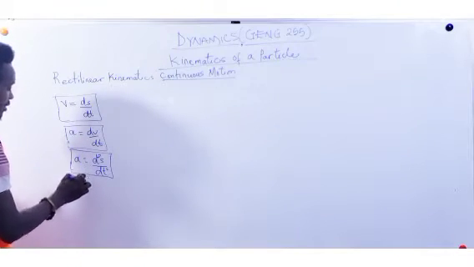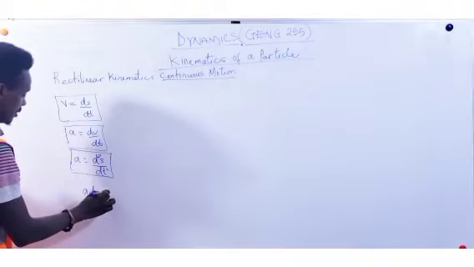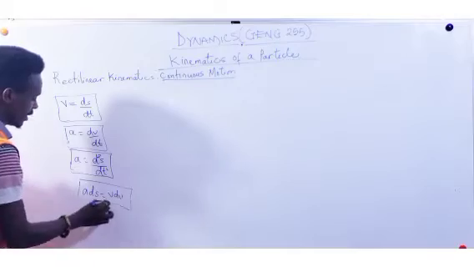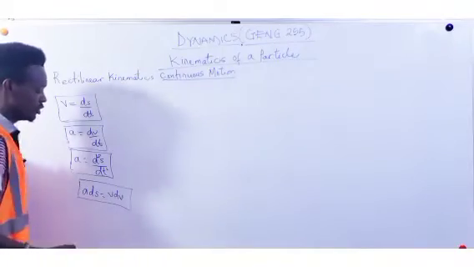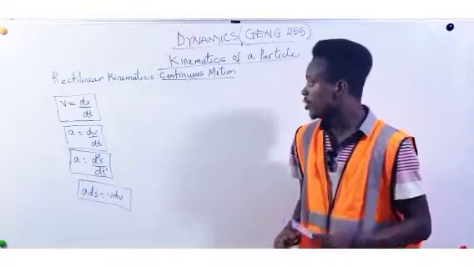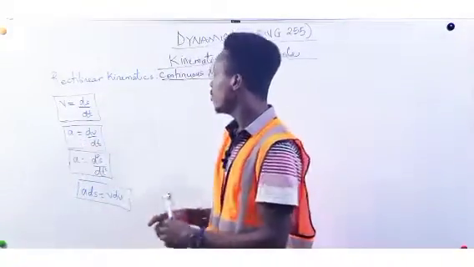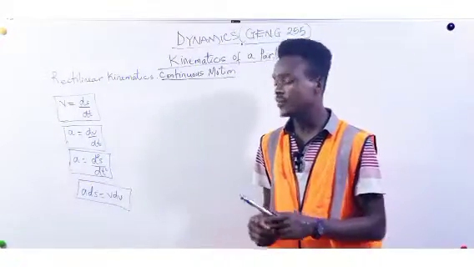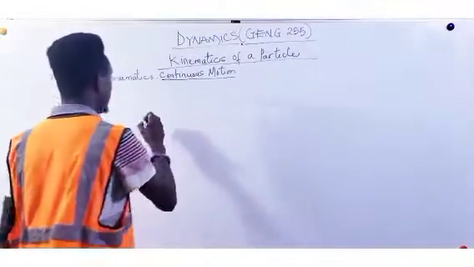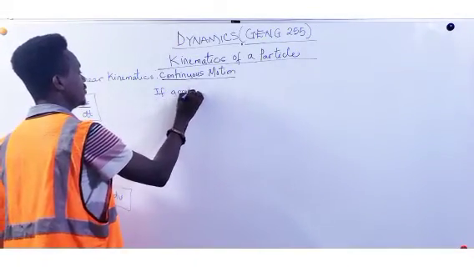And our fourth says a ds is equal to v dv, where we relate acceleration, position, and velocity at the same time. At times, the acceleration here is not constant, right? So let's deal with where we have a constant acceleration. If the acceleration is constant, let's use a condition.